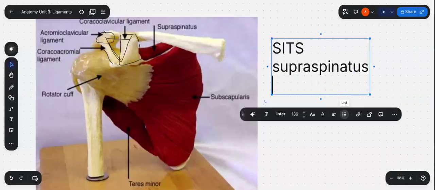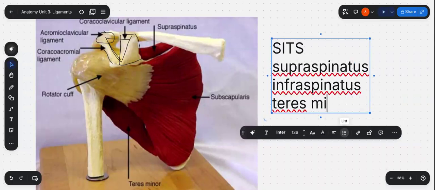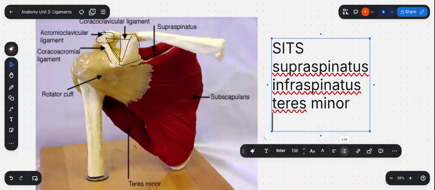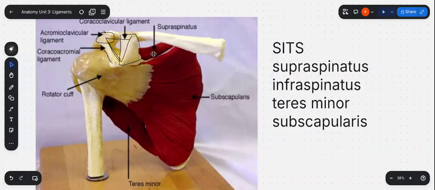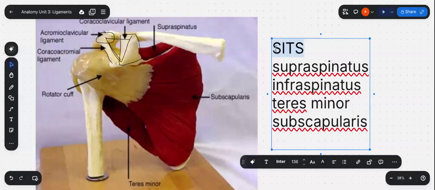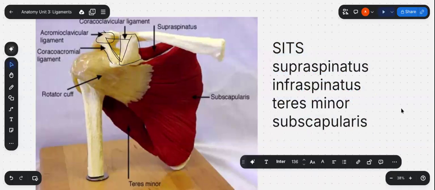Then you have your infraspinatus, then your teres minor, and then last but not least, you have the subscapularis tendon. So basically, it's all named based upon the muscles. So you see your subscapularis muscle over here, your supraspinatus, your teres minor, and therefore it is very much the same with the muscle tendons that are part of the rotator cuff.